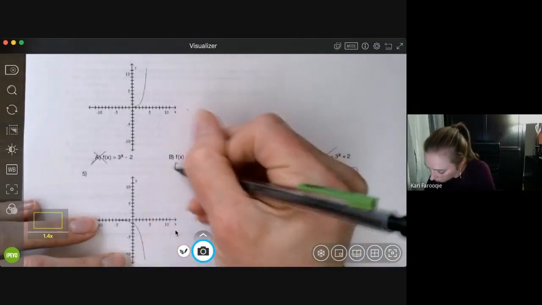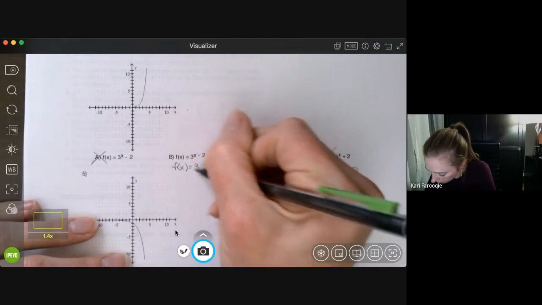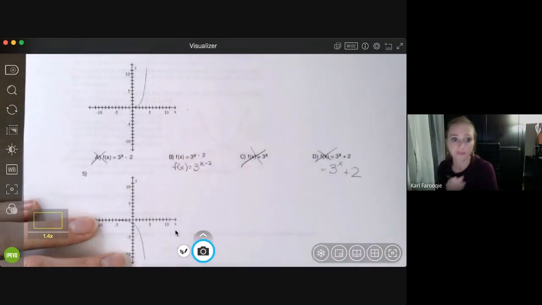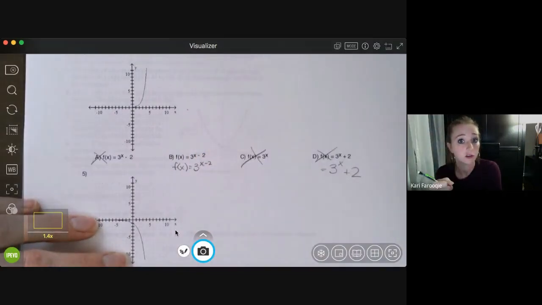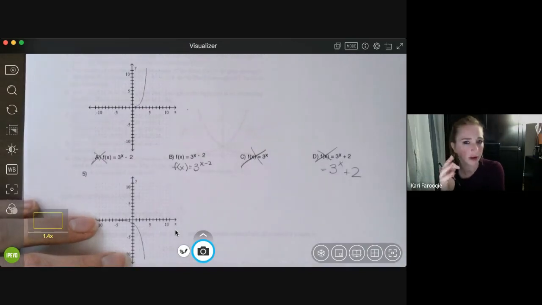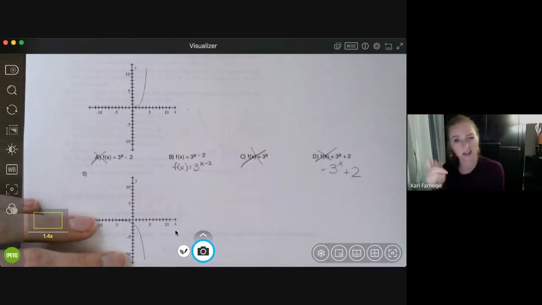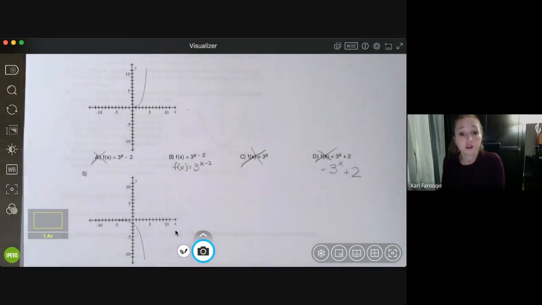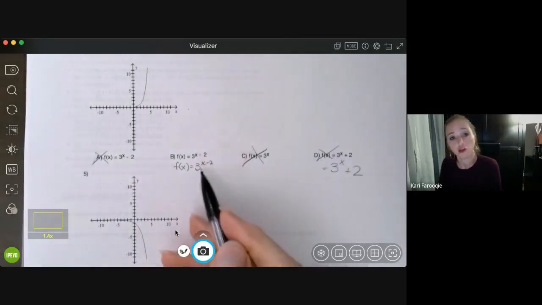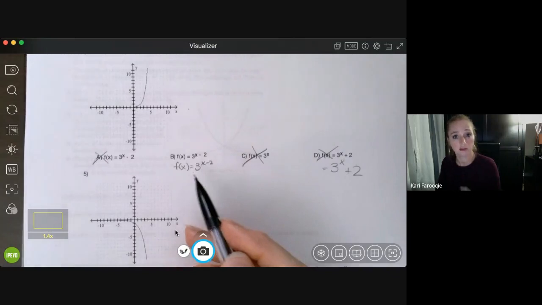I'm going to rewrite it just to make sure it's clear what this function is. 3 to the, and the exponent x - 2. Now remember that when you subtract a constant inside the exponent, or inside the function in this case, you're actually shifting to the right, not down.